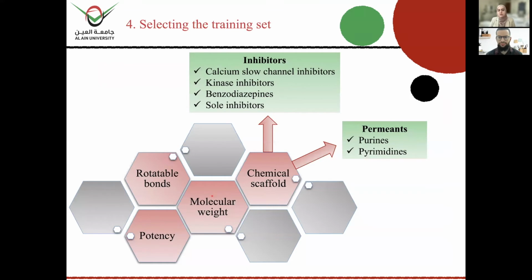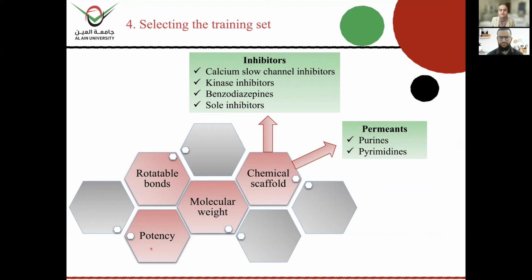Now, the selection of the training set wasn't random, but based on specific selection criteria. First, the criteria was dependent on the rotatable bonds, in which the lower, the better, because they are more rigid, and thus we can identify their active conformation rapidly. Second criteria was the molecular weight, where the small size is better.